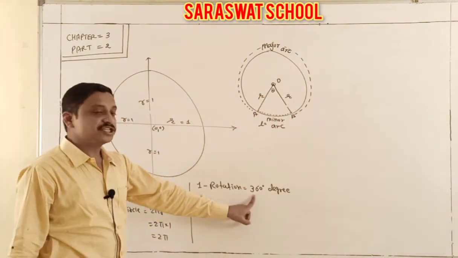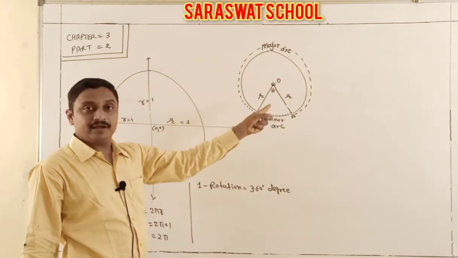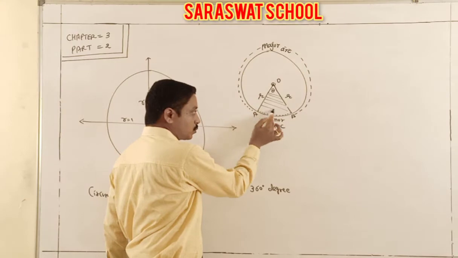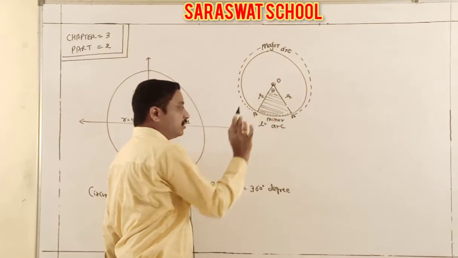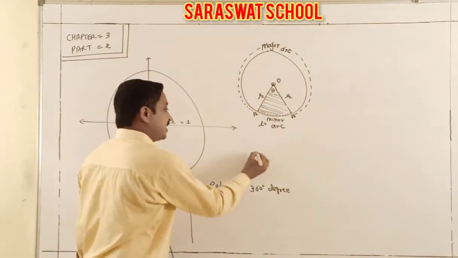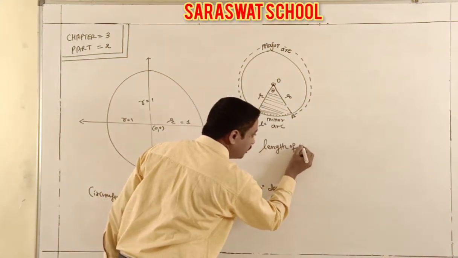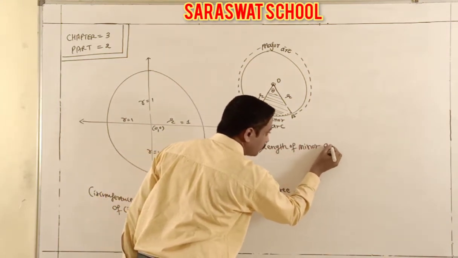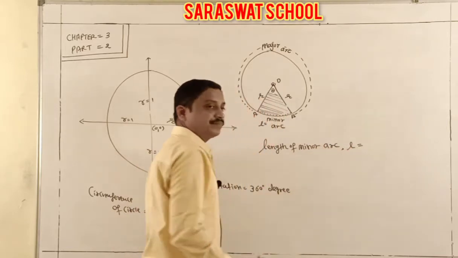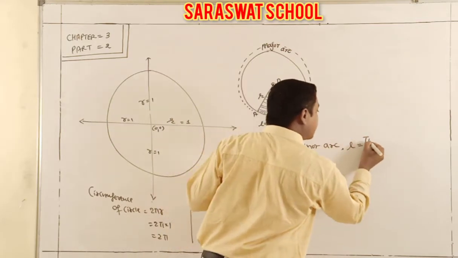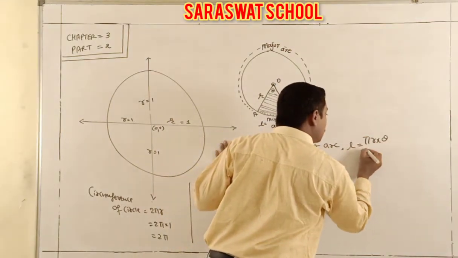This theta, 360 degree if you take the full circle, and here I only explain this region, the property related to it. Yes, the length of the minor arc l is equal to, already known, pi r theta upon 180.